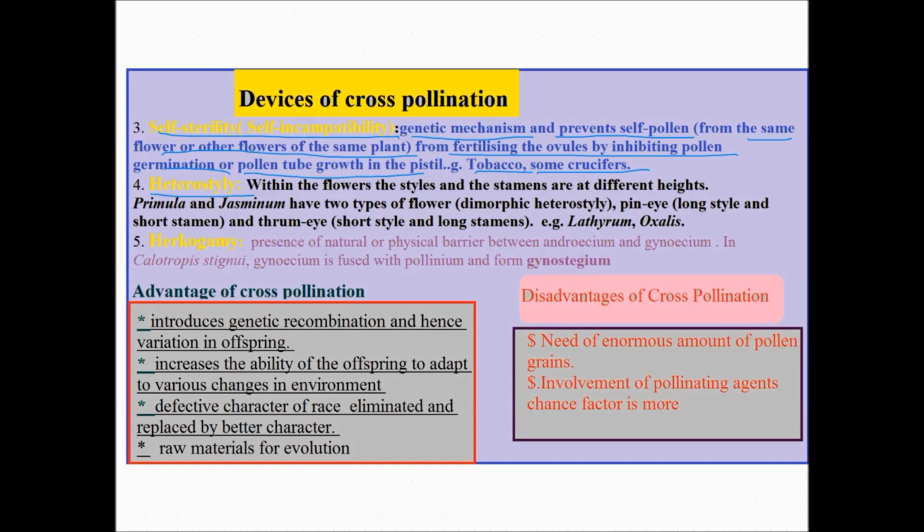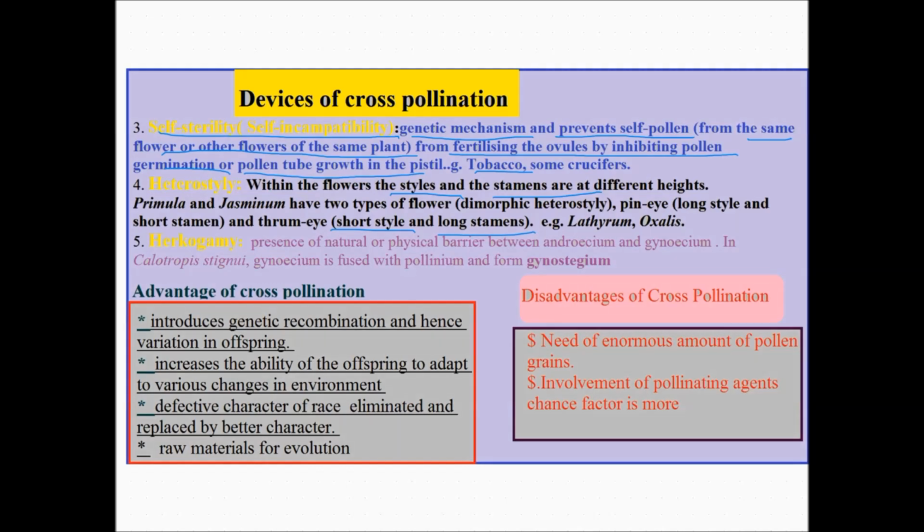Heterostyly. Within the flower, the style and stamens are at different heights. Sometimes there will be long style and short stamen, and sometimes short style and long stamens. So they are at different heights. Then pollen sometimes does not fall onto the stigma, even though the flower is bisexual, and there is only possibility of cross pollination.